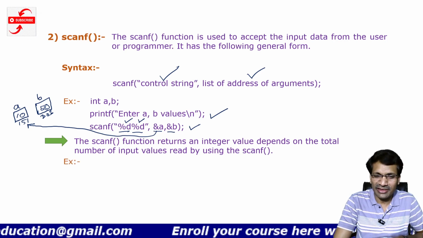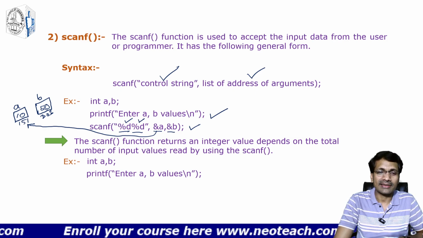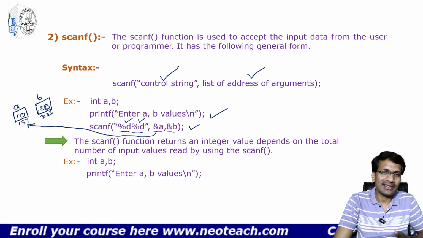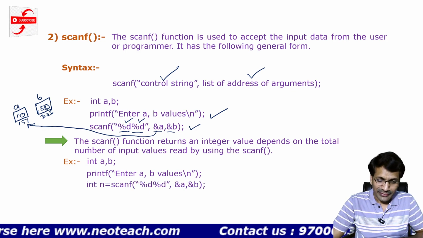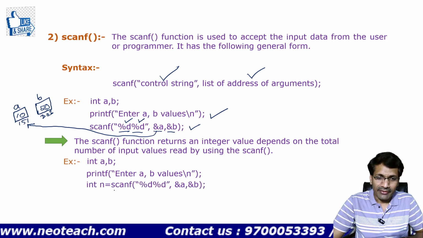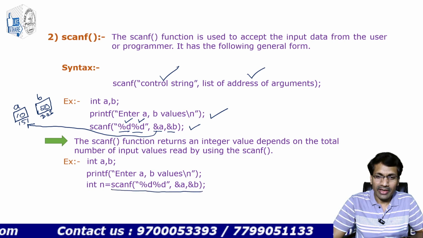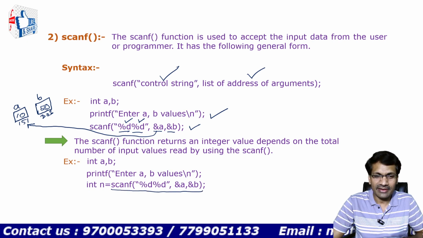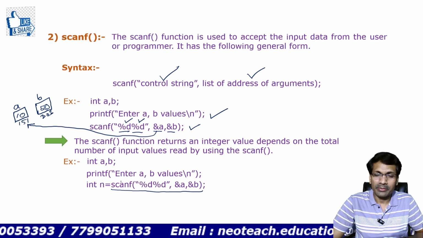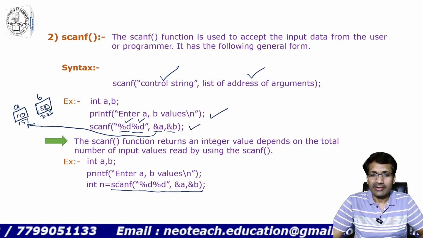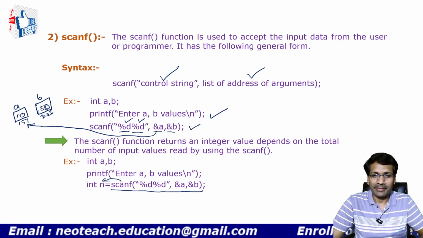Example, same example: integers a, b, and I ask to enter two values, enter a, b values. Then I assign the result. When I perform the input operation with scanf to read two values as explained in the previous example, it reads the a and b values and returns 2, because two values were read. That 2 will be assigned into n, the numeric value.